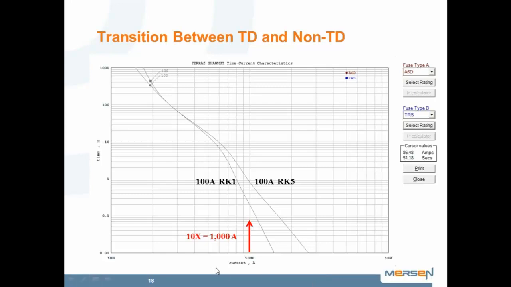And we can see the current scale here. It's in amps, and because we have a 100 amp fuse, 10 times 100 is 1,000 amps, so we have placed an arrow here. And to the left of this is the time delay region.